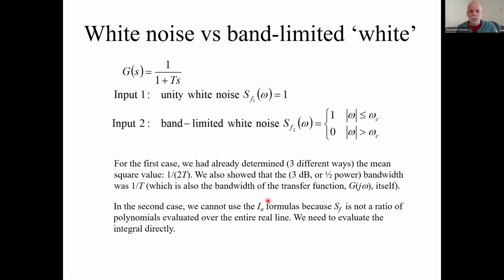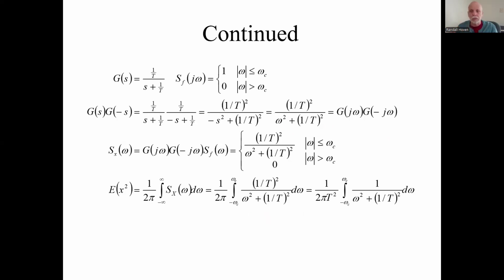We can't use those I sub n formulas and do spectral factorization, because you're taking an integral of this power spectral density over infinite frequencies, and this doesn't break up that way. You can't express it as a polynomial over a polynomial, C over D, from minus infinity to plus infinity. So we can't use that one of the 3 methods, and we're stuck with the other 2.